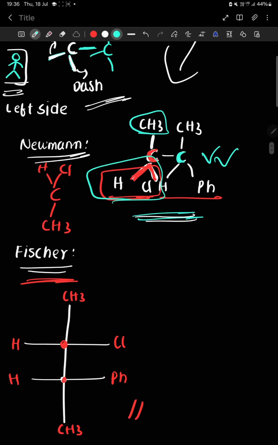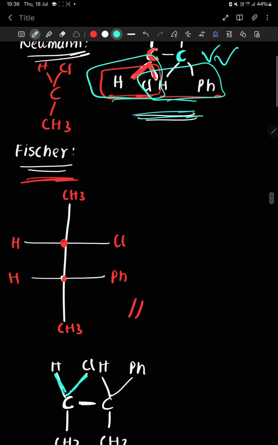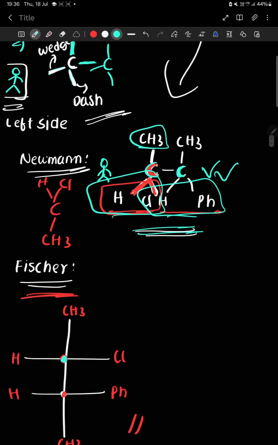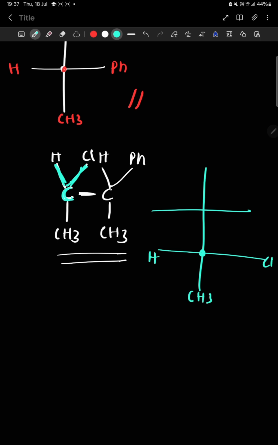Sorry, you have to observe it from the left. Now here, both the branches are on the top, so when I write the Fischer projection for this, I will put this first carbon in the second position. So H, Cl, CH3, Ph, H, CH3, H, Ph. This is how the Fischer projection for this would go.